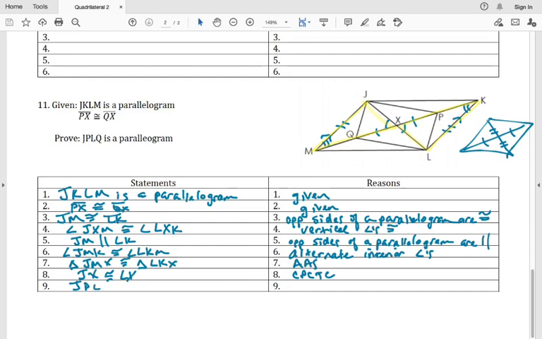So JPLQ is a parallelogram, and it's because a quadrilateral that has diagonals bisecting each other, that's enough to prove it's a parallelogram.